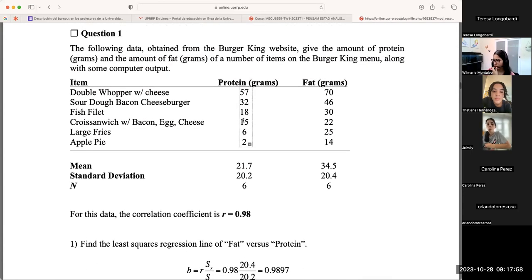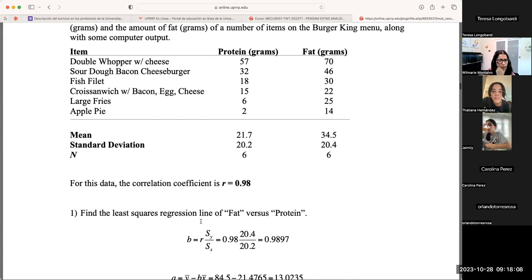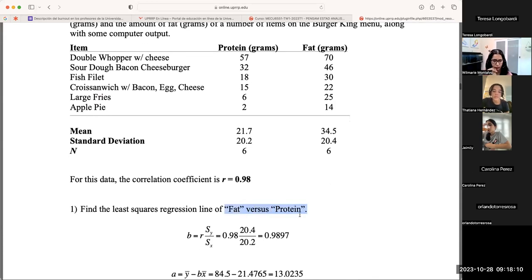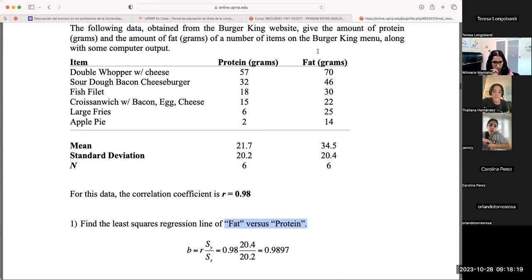So you go to fish fillet, and protein is... okay, let's read this thing. Find the least squares line of fat versus protein. So when I write it like this, it is Y versus X. So protein is X and fat is Y.